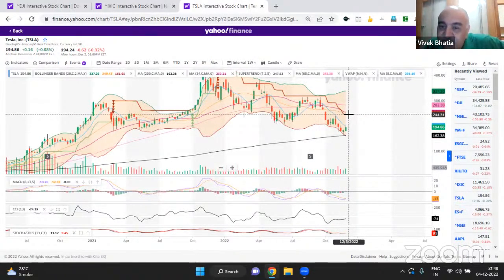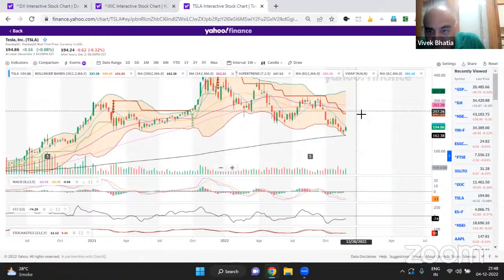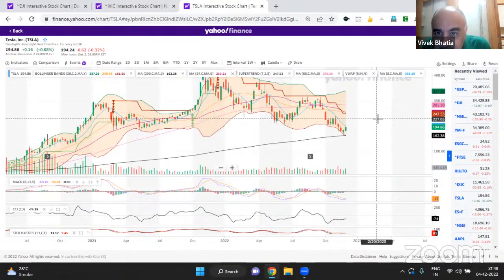But again, look at it only around December end or possibly mid-January. Yeah, I would say mid-January, not even December end. I would say mid-January. But very important that this level of 227 gets taken out.